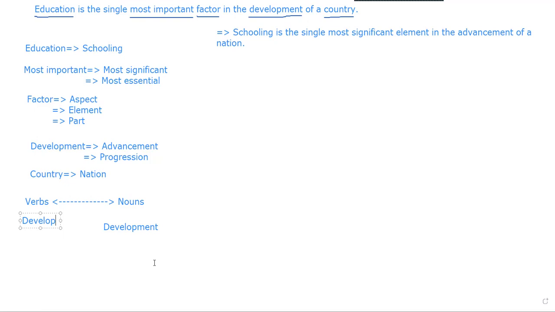Okay, also you can use another verb, developing. Okay, you can say for developing a nation. Instead of saying to develop a country, you can say for developing a nation, for advancing a nation, for progressing a country. Okay.